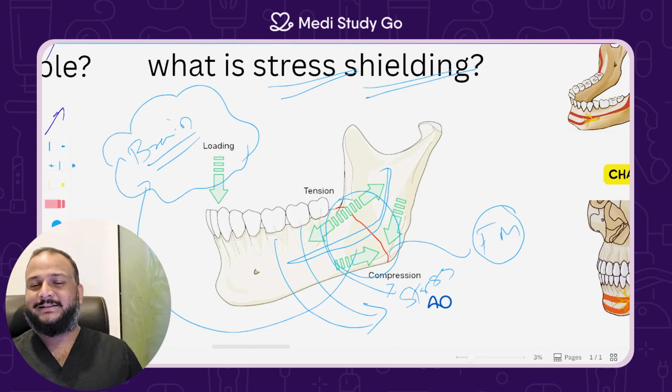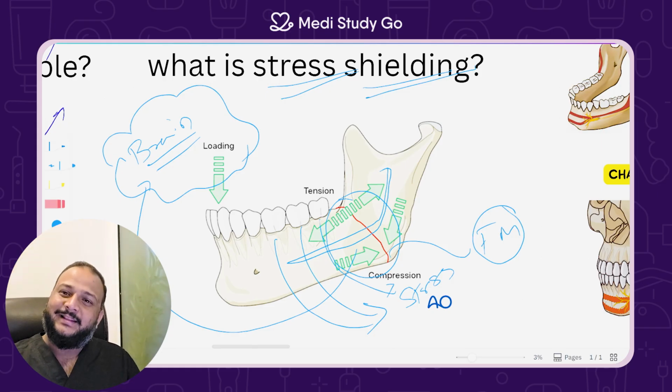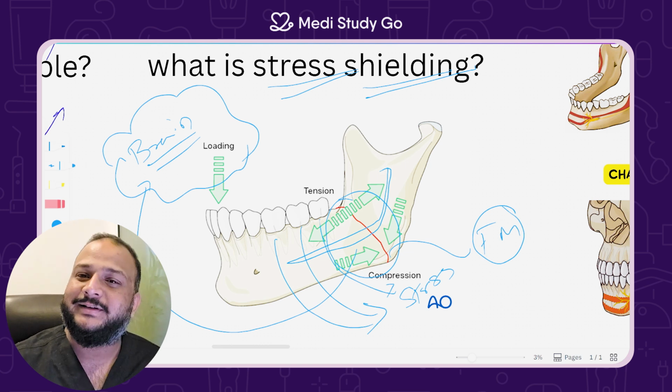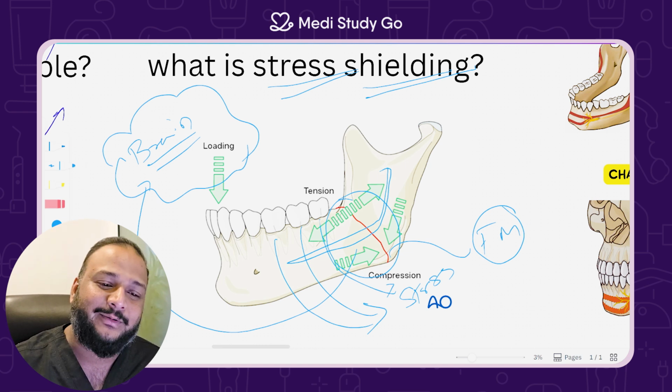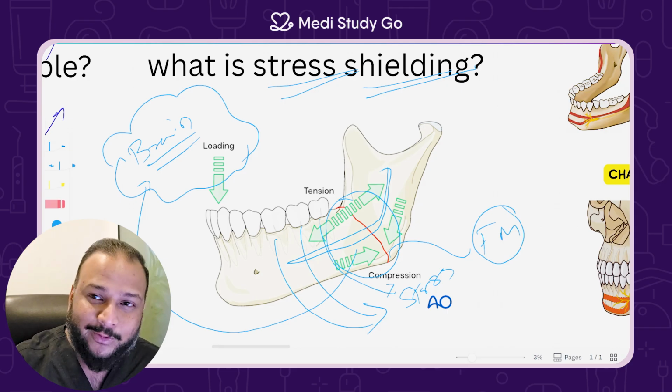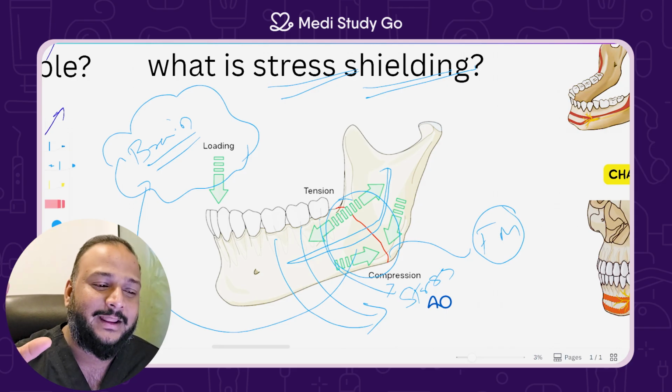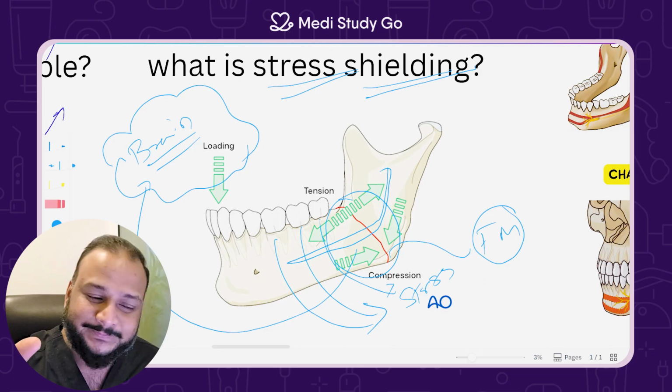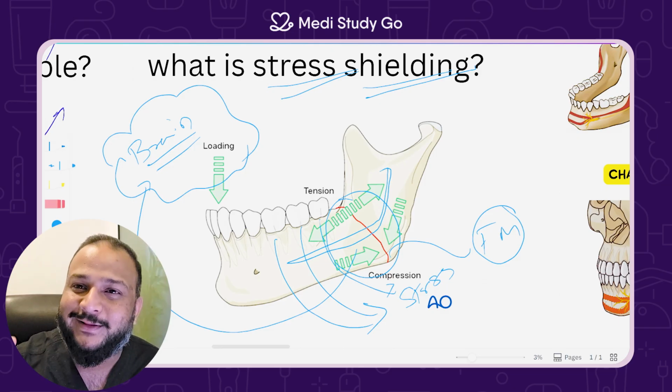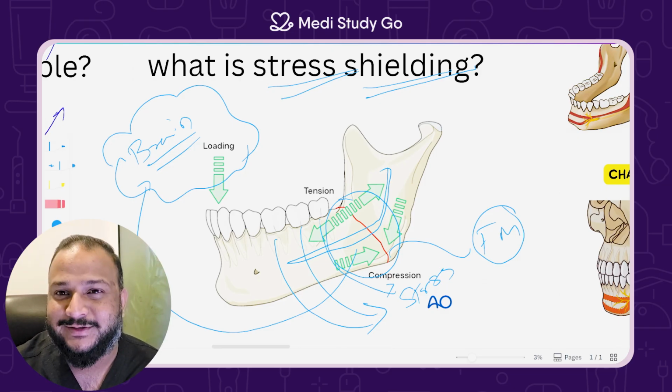The scientists very soon realized that when they started putting these rigid plates, there was unconventional bone resorption happening around these areas, and that is when they realized that we should make plates which take away only the forces from muscles of mastication.